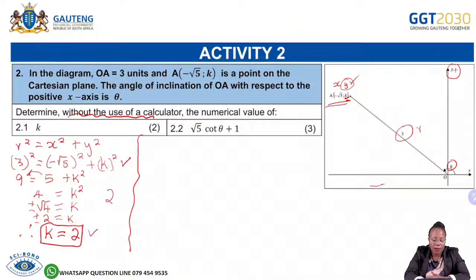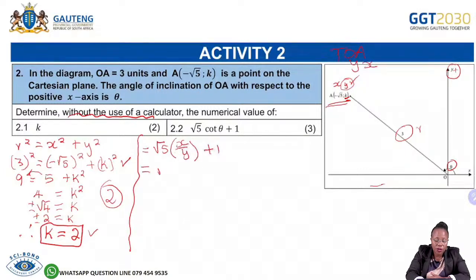Now with number 2.2, square root of 5 cot theta plus 1 is equal to square root of 5 times cot theta, and remember SOHCAHTOA, a tangent is y over x. That means cot is the reciprocal of tangent, so it will be x over y, and then plus 1. Let's substitute now. Square root of 5, what is x?